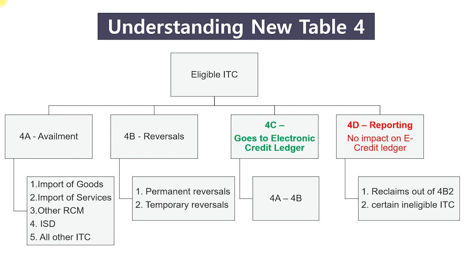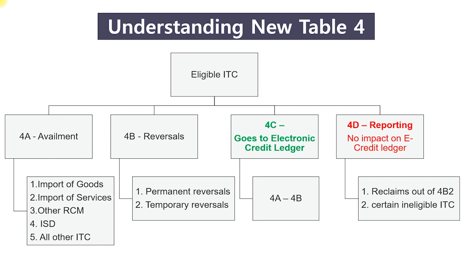As I iterated in the beginning, what is most important amongst all these segments is table 4C, because that is what travels to my electronic credit ledger, and that is what would be the eligible ITC. The very header of the table 4 talks about eligible ITC, and that is what it means. So 4C should consist only of eligible ITC.